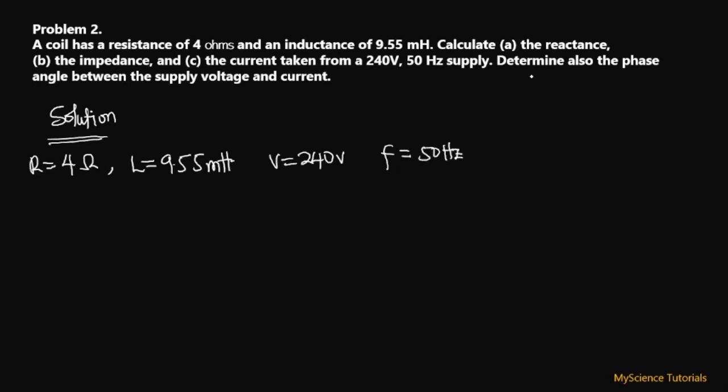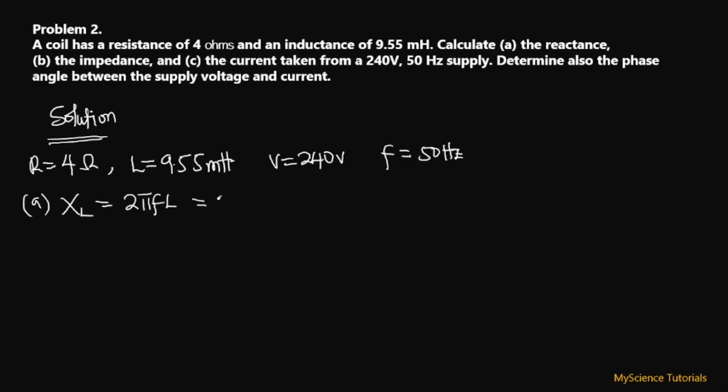All right. So part A of this question is demanding that we find the reactance. The reactance in this case is the inductive reactance, which is XL. To find the inductive reactance of an inductor, it is given by the formula 2 pi FL.